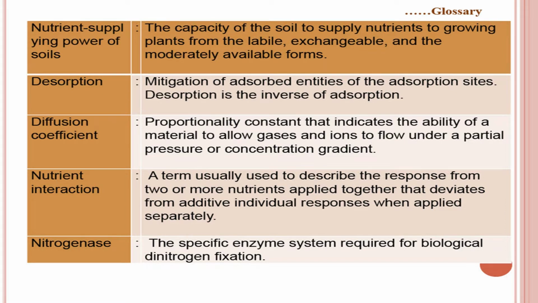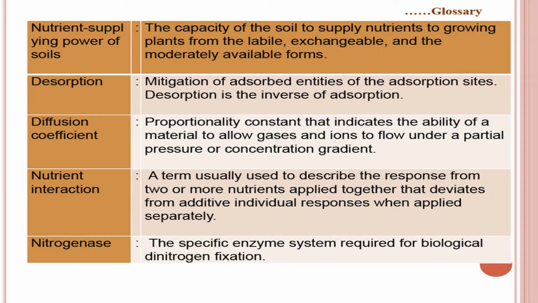Next is diffusion coefficient. It is proportionality constant that indicates the ability of a material to allow gases and ions to flow under a partial pressure or concentration gradient. Nutrient interaction, a term usually used to describe the response from two or more nutrients applied together that deviates from additive individual responses when applied separately.